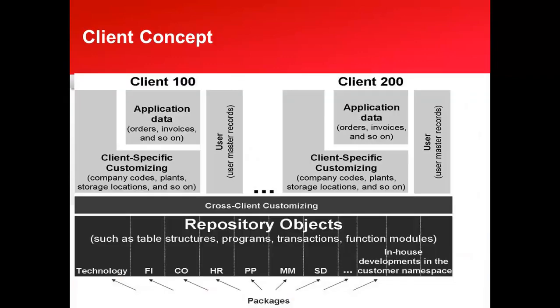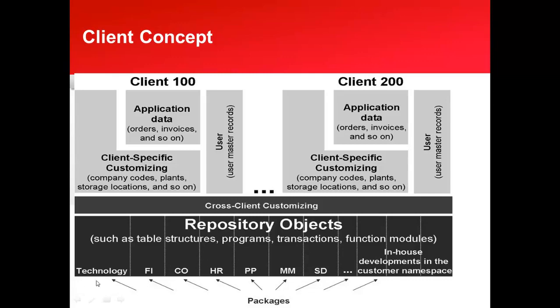In this figure I am showing two different clients, client 100 and client 200, and at the bottom you can see there is cross-client customizing. You have the repository objects, like tables, structures, programs, transactions, function modules, and you have the different modules like FI, CO, HR, PP, MM, SD.